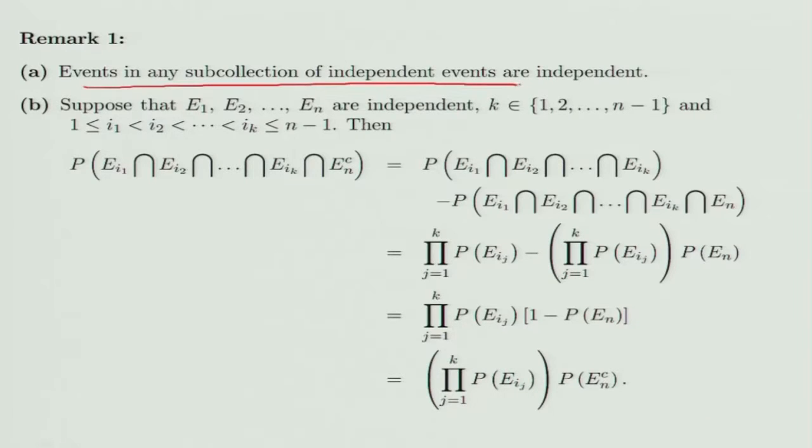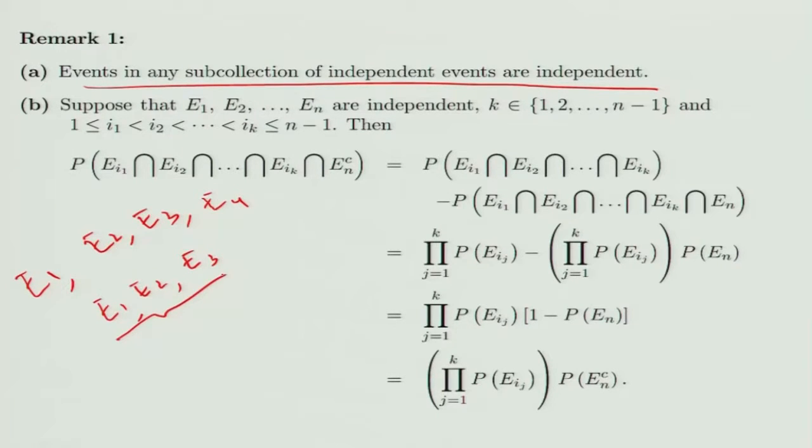Events in any subcollection of independent events are independent. That is trivial. For example, if E1, E2, E3, E4 were independent, and I consider E1, E2, E3, a subcollection of them, to see that they are independent, I have to look at any subcollection of this.